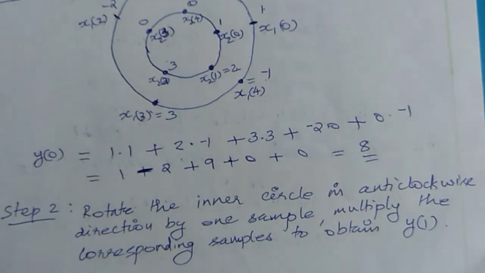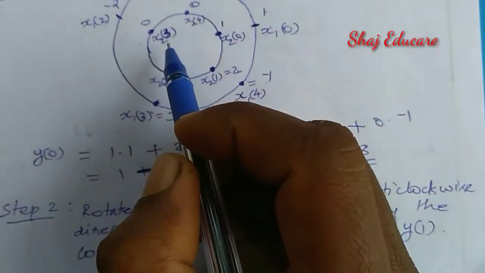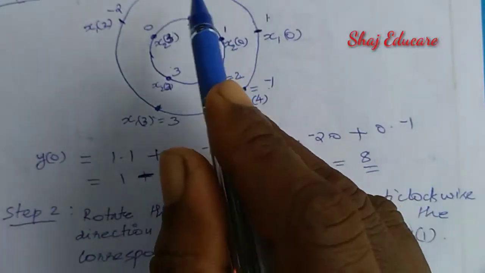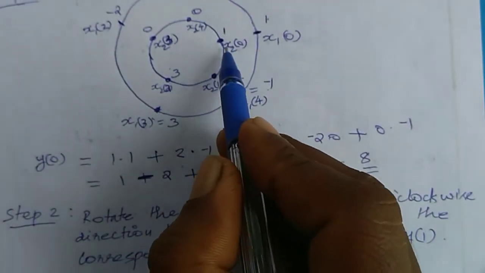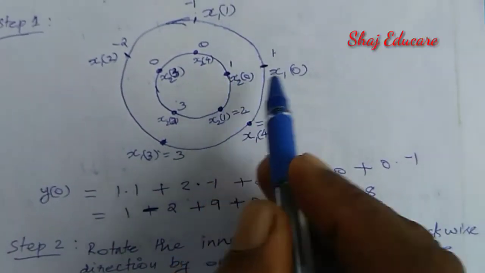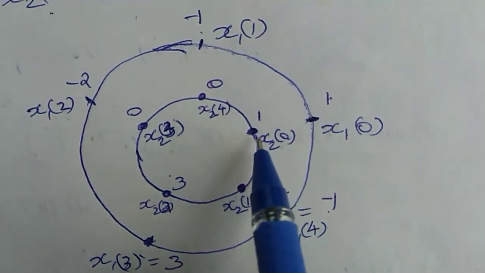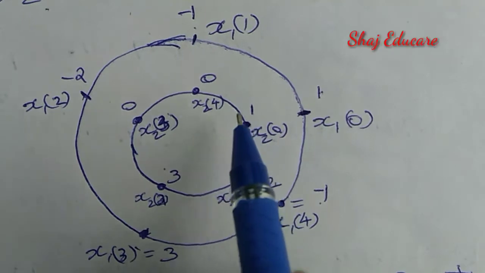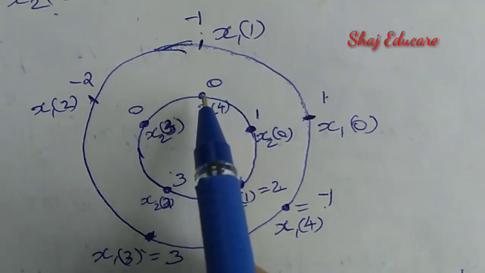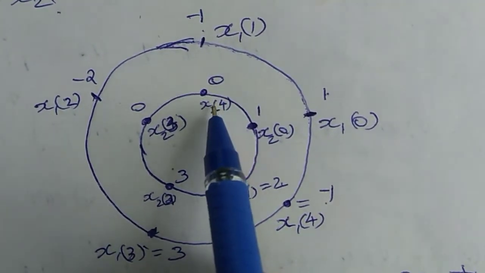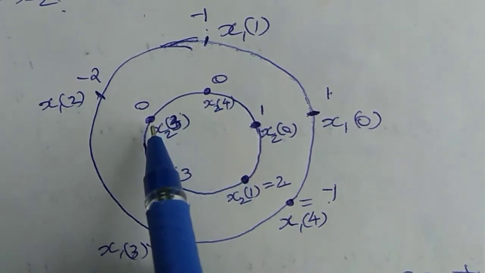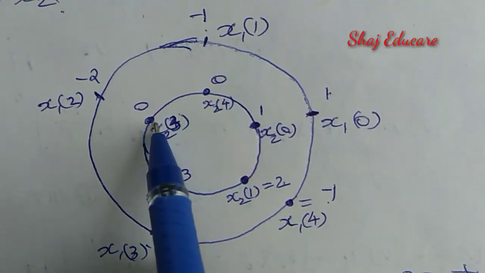So first we have to draw the outer circle in the same manner, then rotate this inner circle in anti-clockwise direction, so that this x2 of 0 should go towards x2 of 4 and this x2 of 4 should go to the x2 of 3 side and so on.